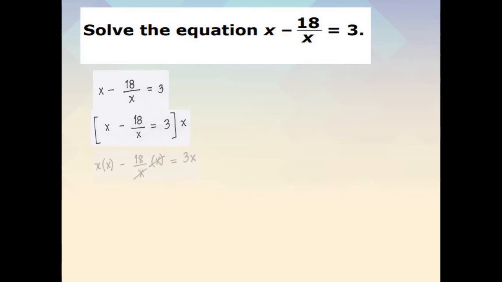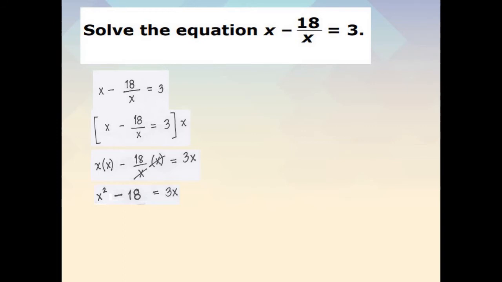So x multiplied by x minus 18 over x multiplied by x is equal to 3x. So we can cancel x since it is common on the numerator and denominator. So this becomes x squared minus 18 is equal to 3x.